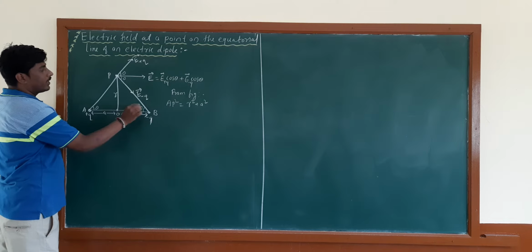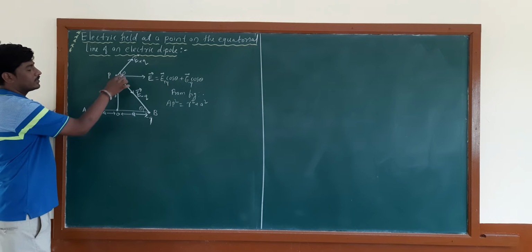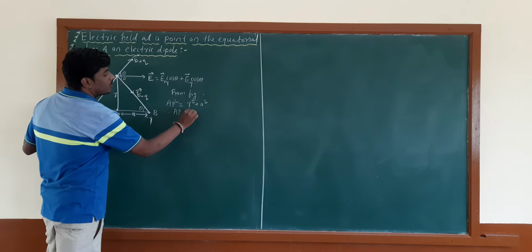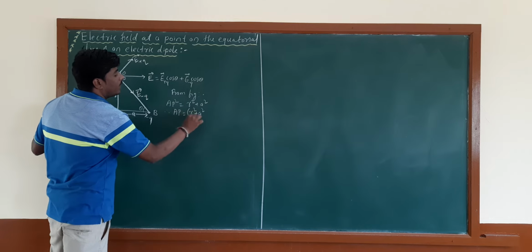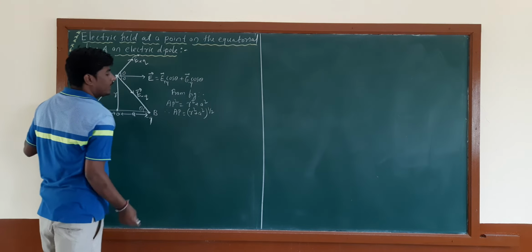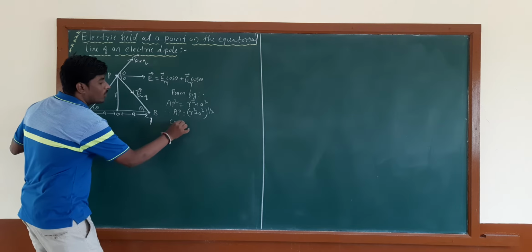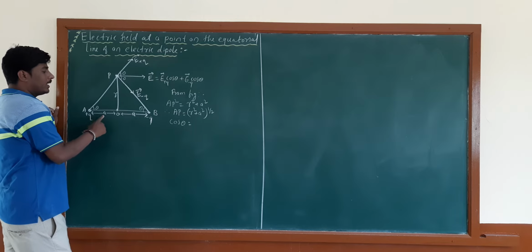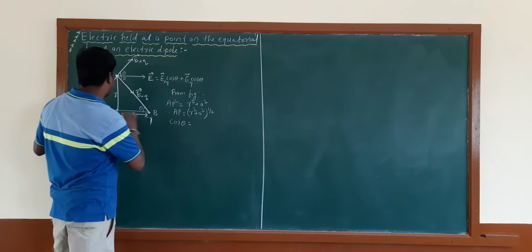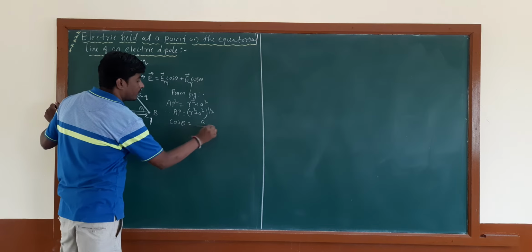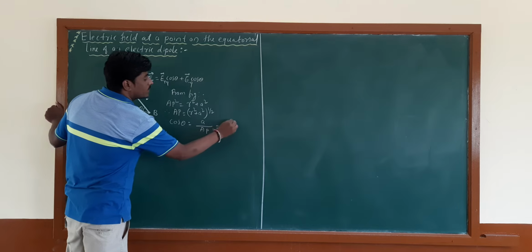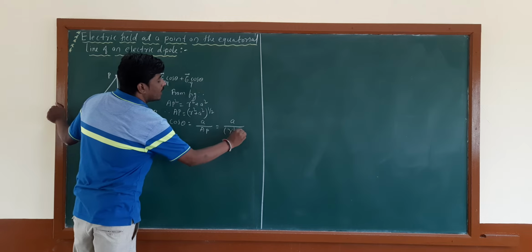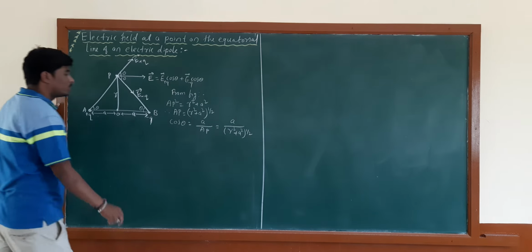Therefore, we can write AP is nothing but R square plus A square, the bracket raised to 1 by 2. Therefore, from this figure we can calculate cos theta, which is A divided by AP, and that is A divided by R square plus A square raised to 1 by 2.